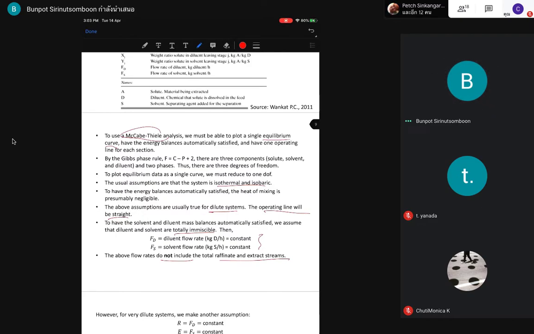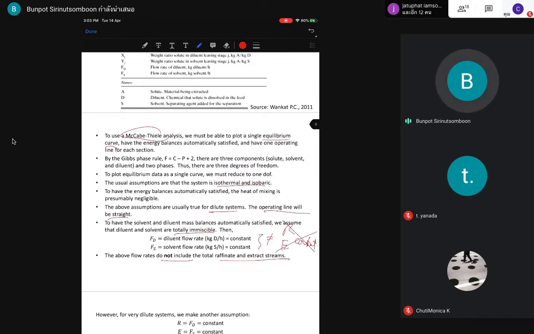Let me say it again. We say the diluent and solvent don't mix with each other, so they don't have mass transfer between two phases. So we can say that D and S are constant, but it doesn't mean that the raffinate and extract are constant.